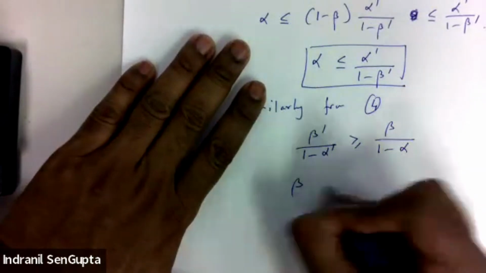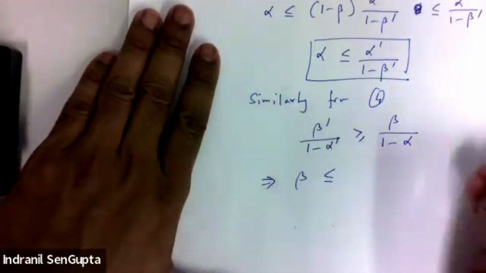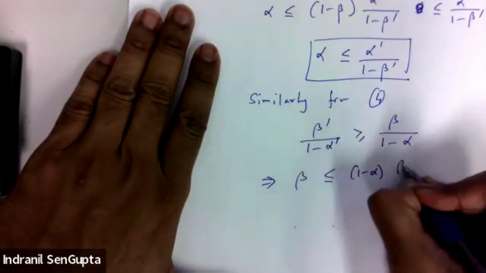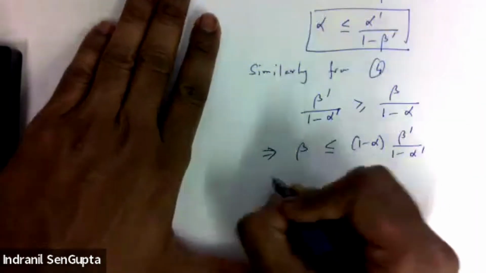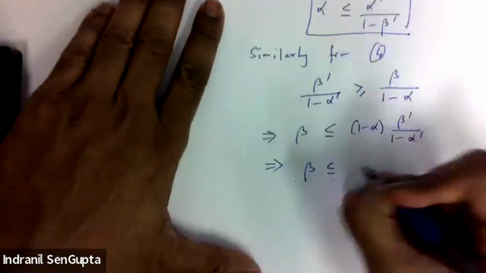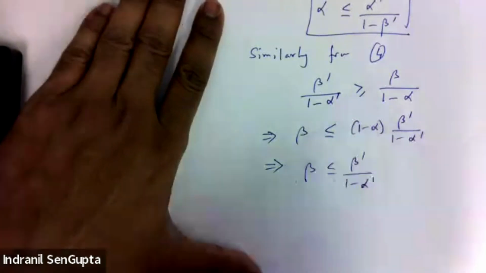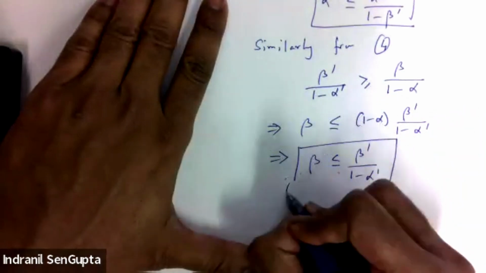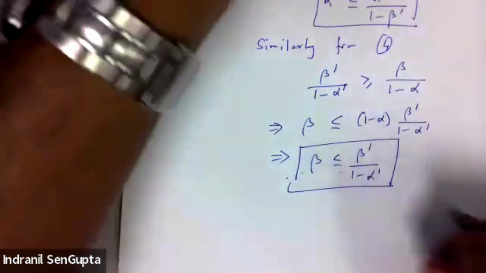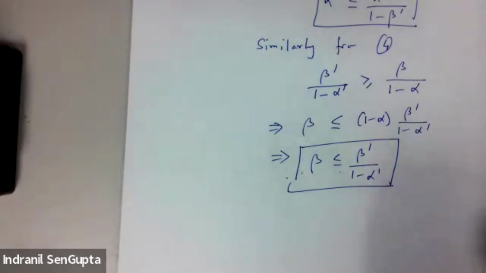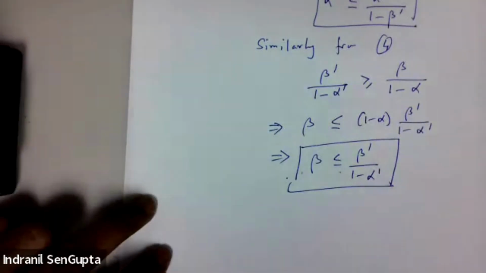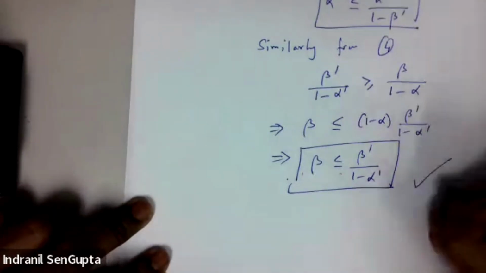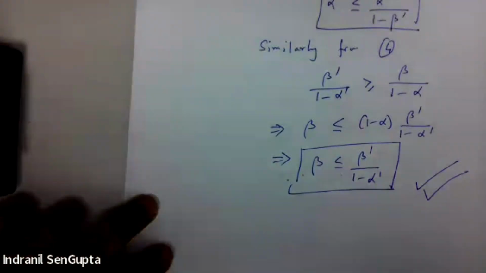So beta is smaller than (1 minus alpha) times beta prime over (1 minus alpha prime). So that means beta is less than beta prime over 1 minus alpha prime. So this is the bound for the type 2 error. Okay, and the previous one was the bound for type 1 error. So that is all about how we can compute.